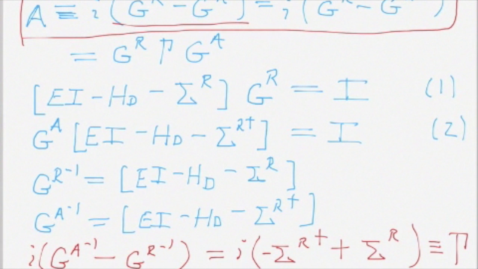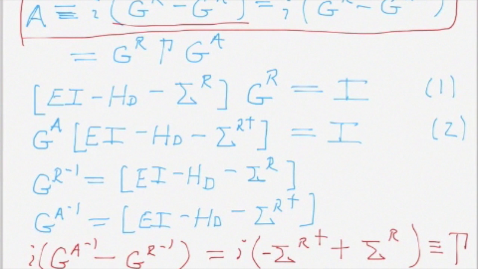The gamma was related to these sigma R's. If you remember that sigma R has a real part and an imaginary part, plus or minus I gamma over 2. So this is like taking sigma minus sigma dagger.